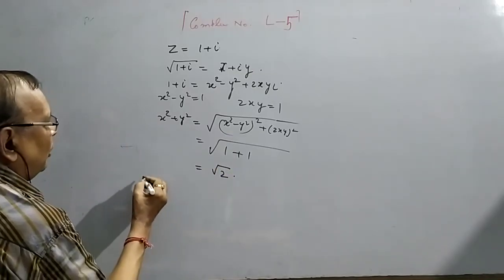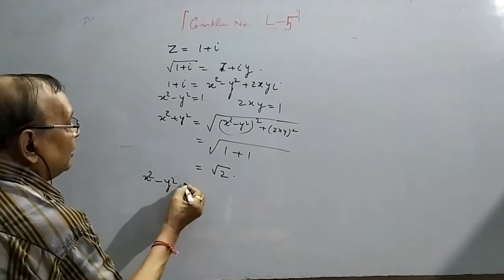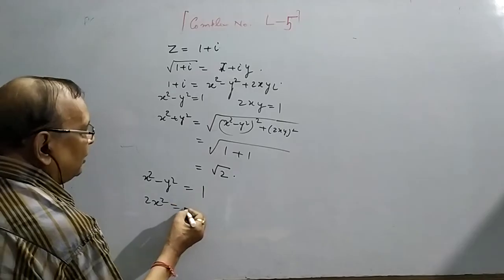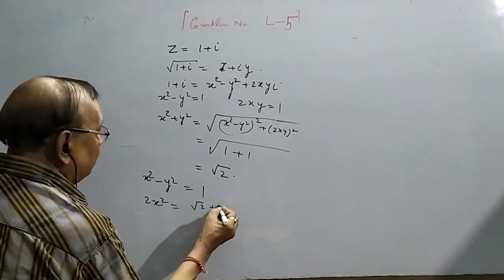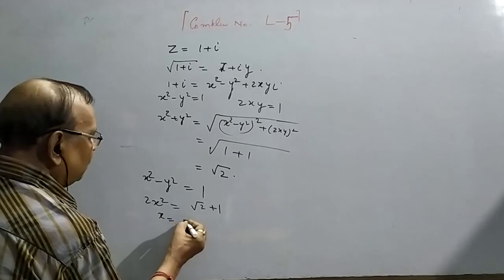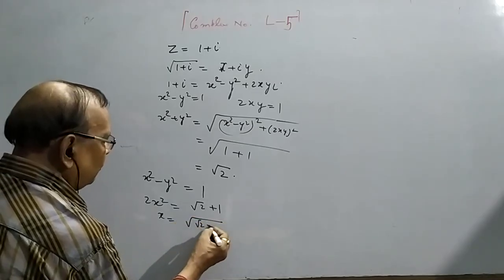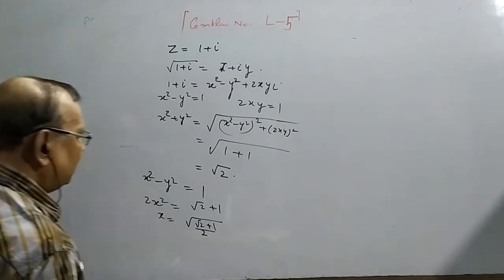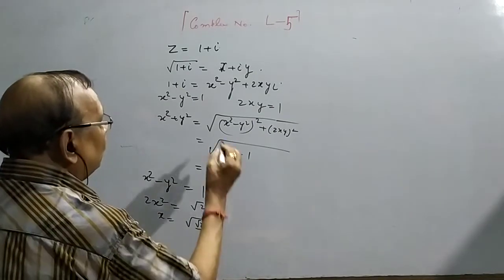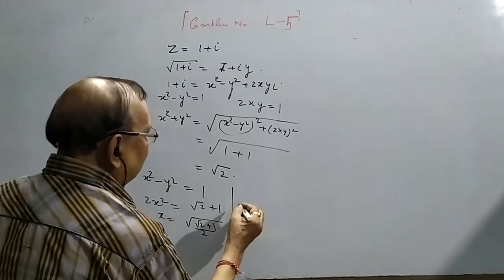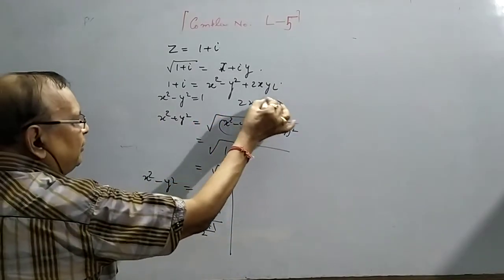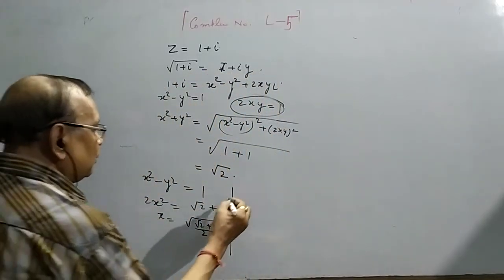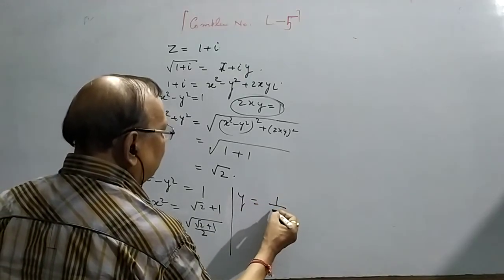Now x square minus y square is equal to 1. Again, by adding we get 2x square is equal to root 2 plus 1. x is equal to the square root of (root 2 plus 1) upon 2. That is the value of x. Now we may get y. As the product of x and y is positive, y will also be positive. So y will be 1 upon 2x.